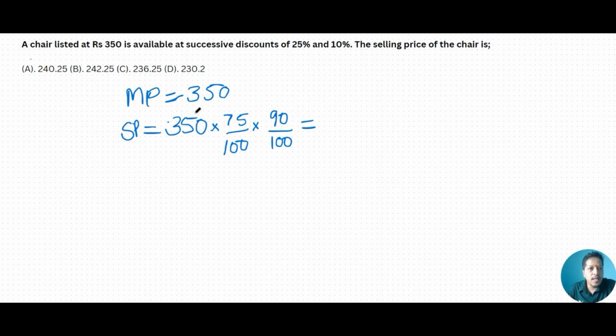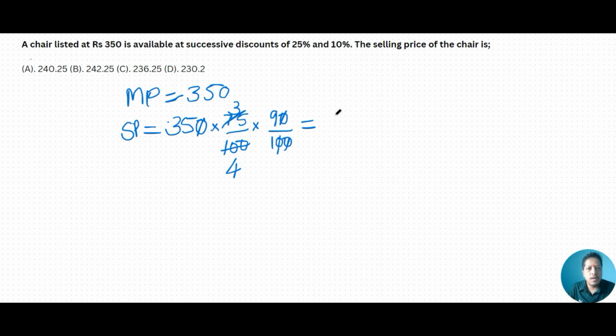Let's see the easiest way to simplify. Because we know the answer is in decimals, we should look at the best way to solve this. Let me cancel this 0 with this 0 with this 0, and I am left with 3, 9 and 35 over 4.